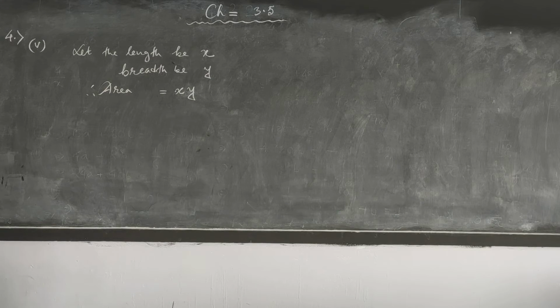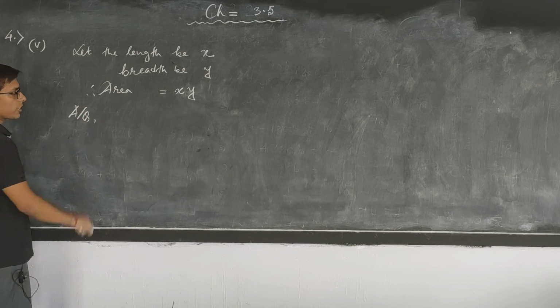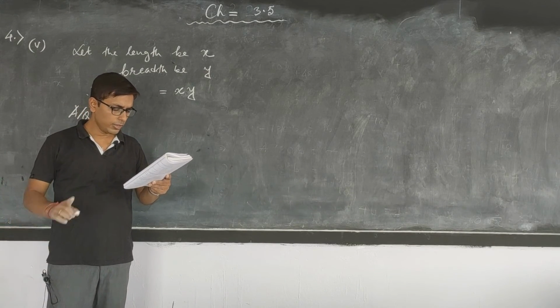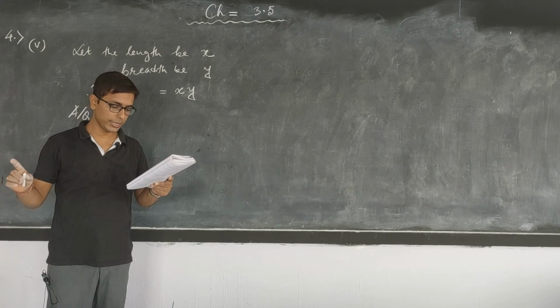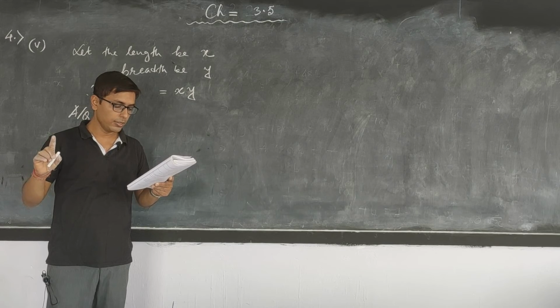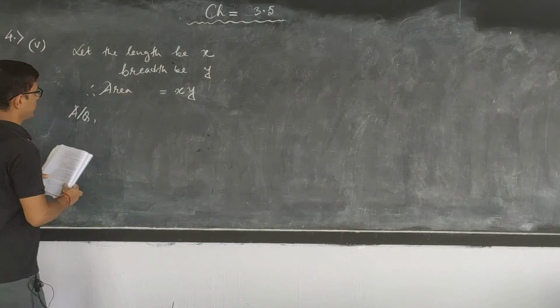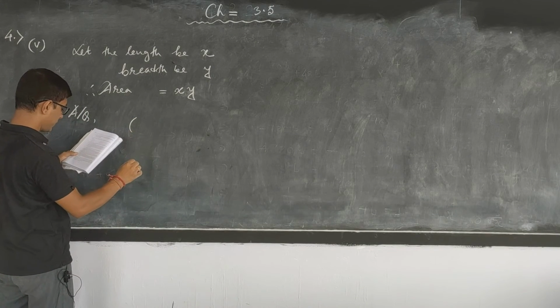Now let us apply the conditions according to the question. The first condition is given as: the area gets reduced by 9 square units if the length is reduced by 5 units and breadth is increased by 3 units.